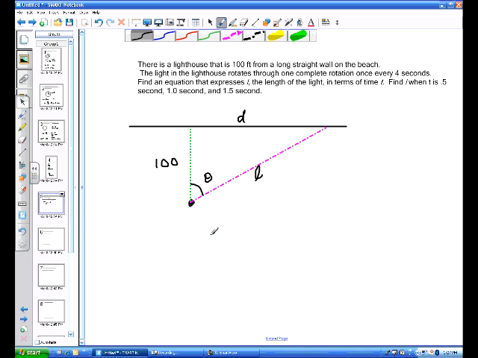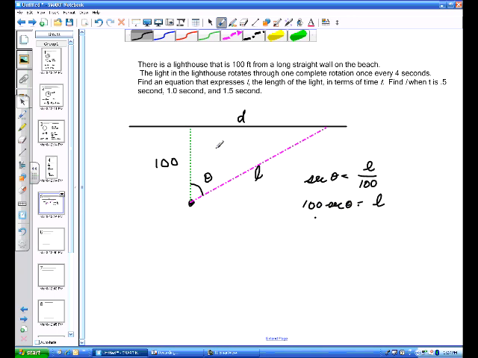So let's use the secant of theta. This is one of the few times we're going to use secant. The secant of theta is equal to the hypotenuse over 100, so if we multiply, 100 times the secant of theta equals L. So we've come up with a formula for finding L, and it's 100 times the secant of theta.